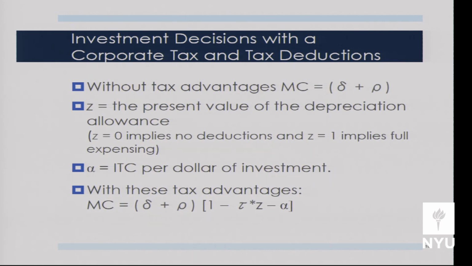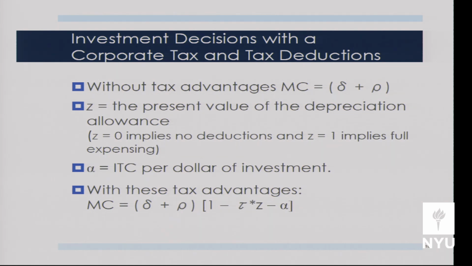So the tax benefit to a dollar of investment, if you're allowed to deduct depreciation allowances such that you get to save Z cents for every dollar of investment, the tax savings from the depreciation is going to be Z times tau, right? For a dollar of investment. Does that make sense to everybody? Okay.